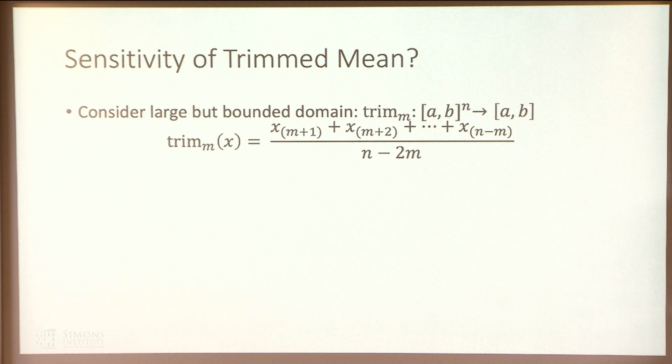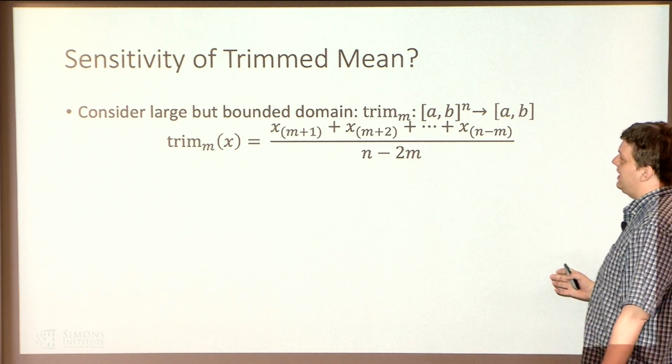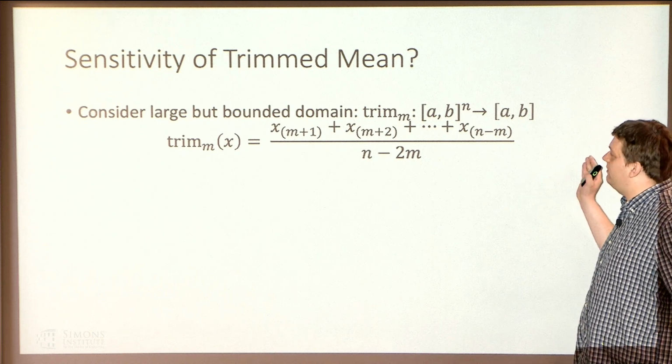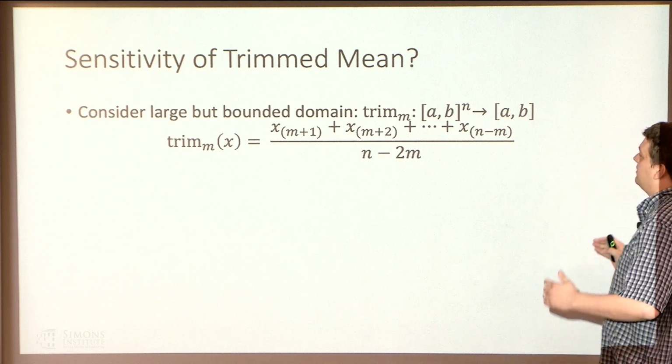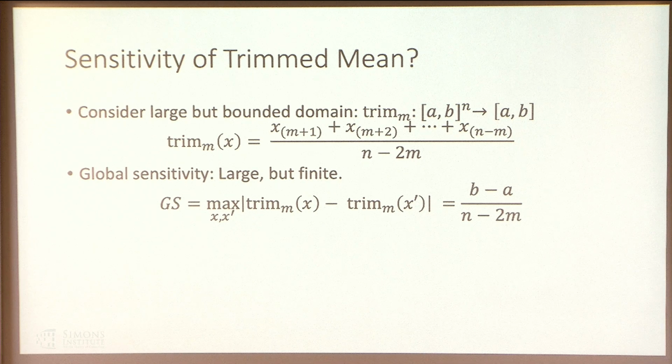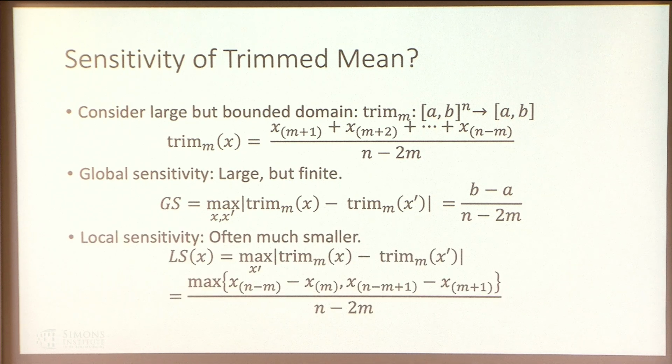Okay, so let's look at the sensitivity of the trimmed mean. We'll assume that there's some kind of bound on the data. This can be a very, very loose bound, A to B. This means we'll have finite global sensitivity, but it'll still be quite large if we're thinking of B minus A as being pretty large. But what's smaller is the local sensitivity.